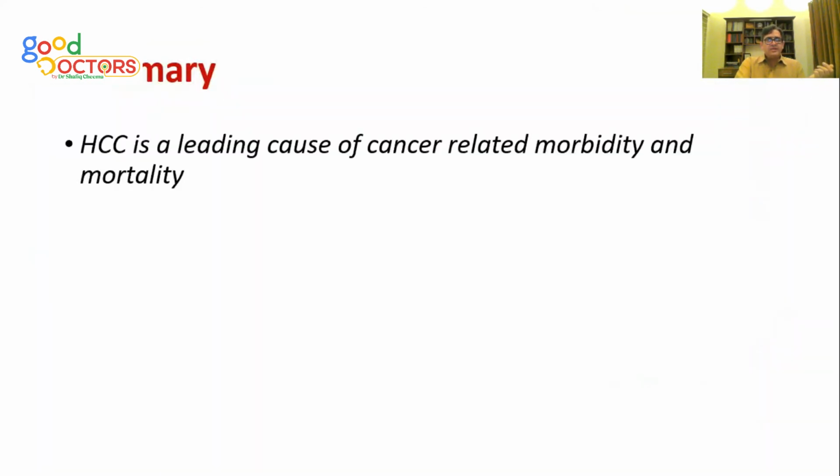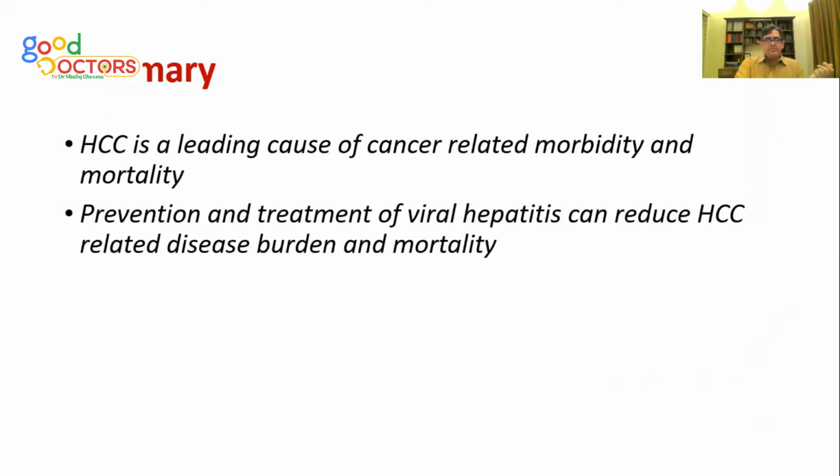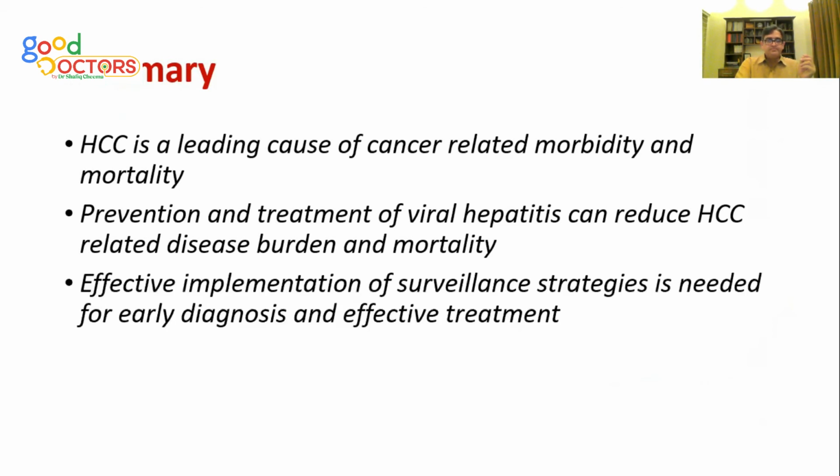So in summary, we can say it's a leading cause of cancer-related morbidity and mortality. And because the etiological factors and the underlying cause is well known in majority of cases, prevention and treatment is still something which can help in reducing HCC and its burden and its mortality.